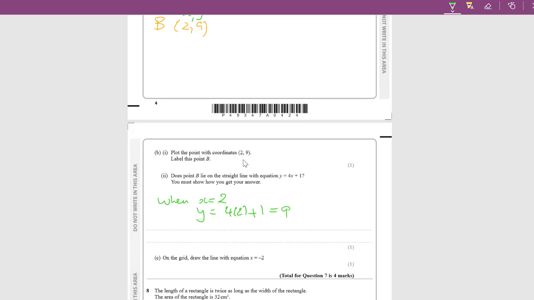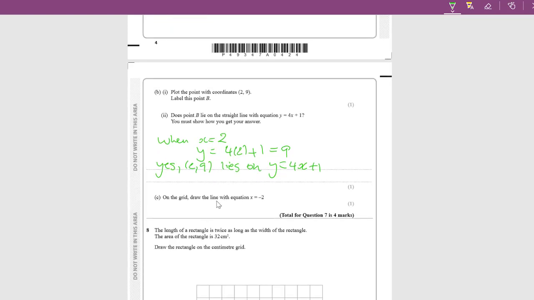So it says, does point B lie on the straight line? Well, the answer is yes, because we get y equals 9, which corroborates with this coordinate. So we say yes, 2, 9 lies on y equals 4x plus 1.